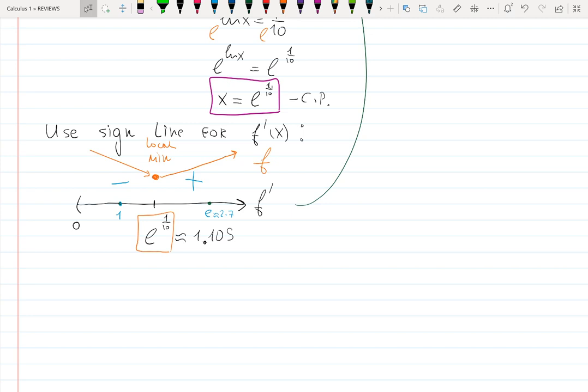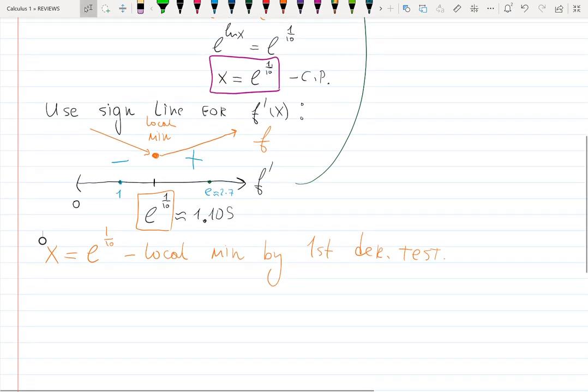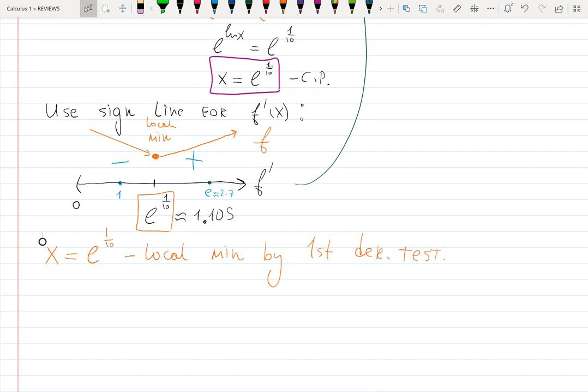How should I claim that x equals e to the 1/10, which is my local minimum by the first derivative test, is also the global minimum? What should I say to claim that? So here's a justification for you to understand.